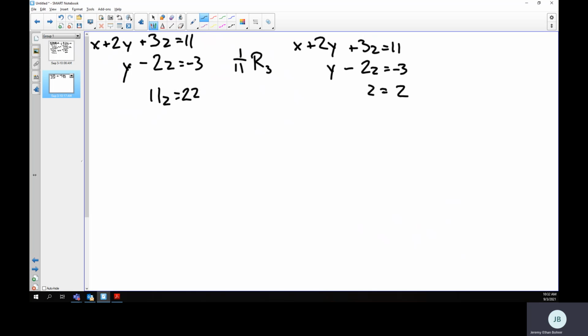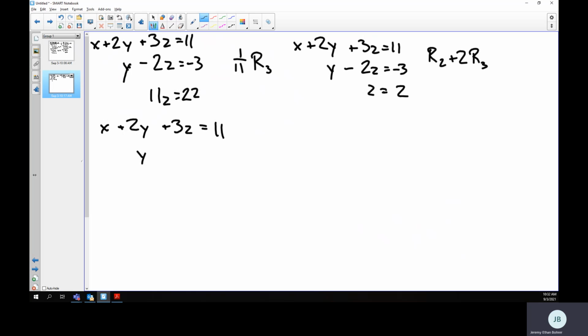So since z is 2, we can now get rid of the z's in the first two rows. We'll do this by adding 2 row 3 to row 2. R2 plus 2R3. Okay, our first row stays the same. x plus 2y plus 3z equals 11. y is going to stay the same because there's no y in row 3.